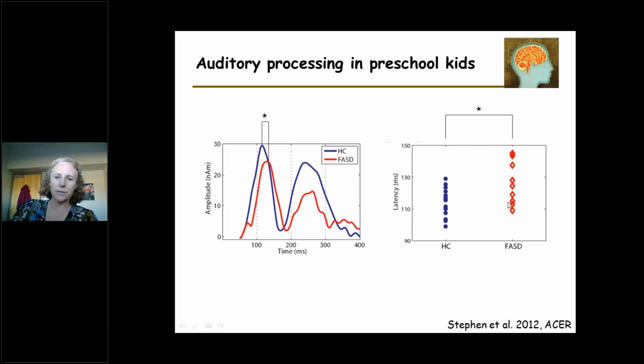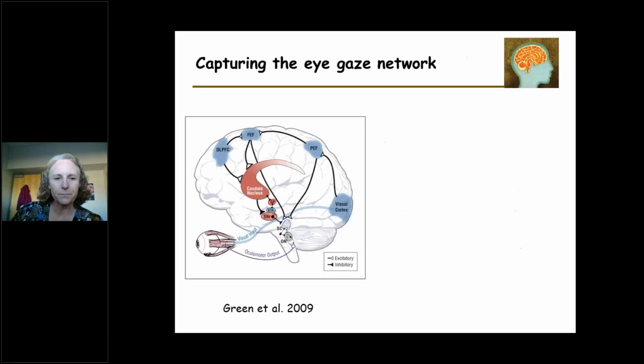If you look at individual subjects, you can see that there are some kids with FASD that have pretty fast latencies for the M100, and then some healthy controls that have relatively slow latencies. And so what this really indicates is that auditory alone, just presenting a simple tone to individuals, even though you see group differences, is not going to be sufficient for a biomarker per se for identifying kids with prenatal alcohol exposure.